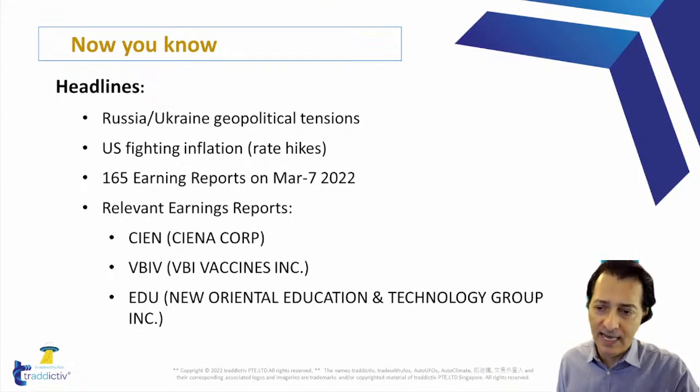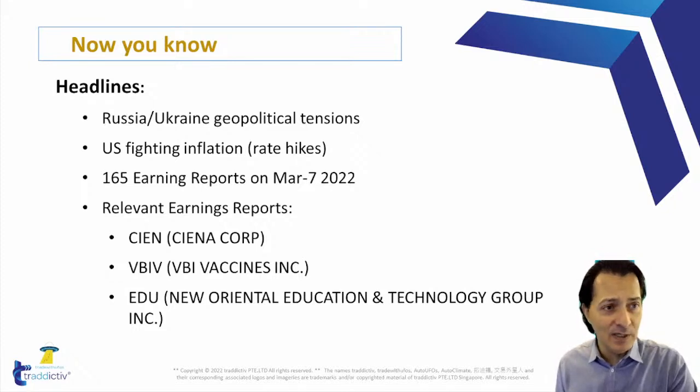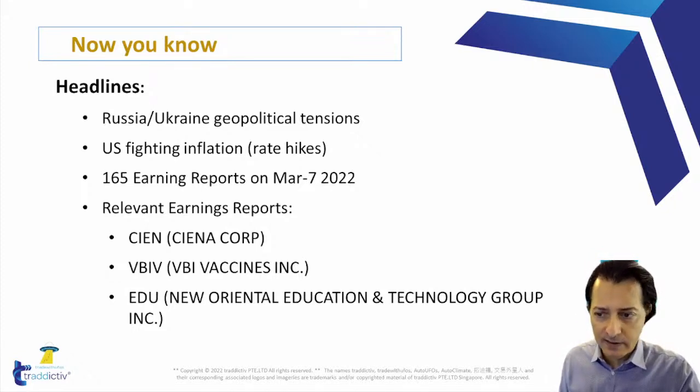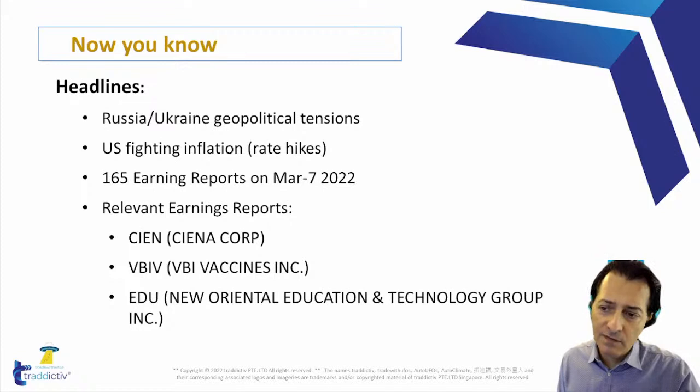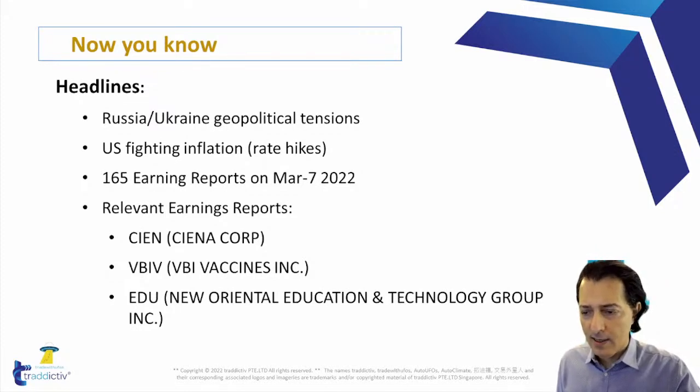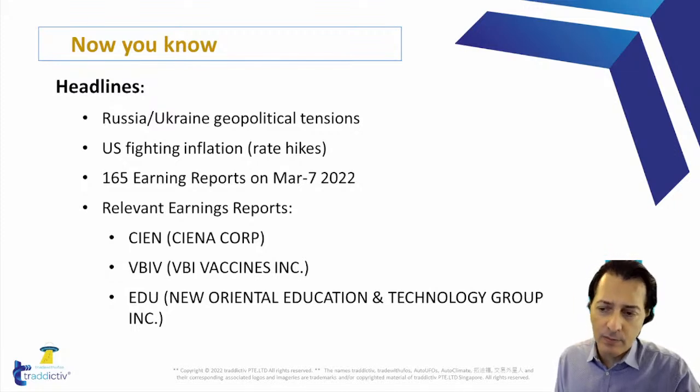Earnings reports are not a headline, but if you wish, they are the biggest headline for companies. So today we have 165 earnings reports being reported in the US markets, where I picked 3 as the most relevant: Sienna Corporation, VBI Vaccines, as well as EDU, New Oriental Education and Technology Group.